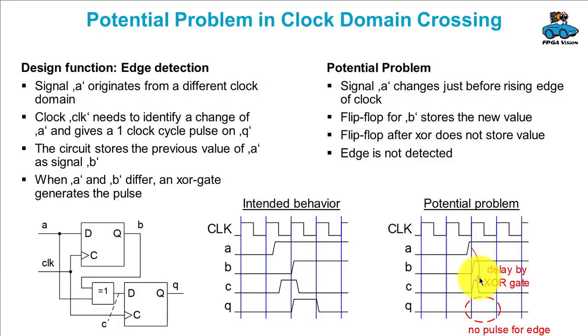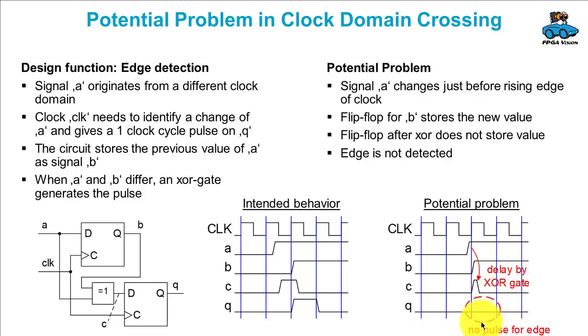However, the delay of the XOR prevents it from being stored in the flip-flop for the output Q, for the pulse. Okay, you might say, then it will be regarded in the next clock cycle. No, it is not, because it's already stored in B. So for the next clock cycle, A and B is identical again, so no edge, no pulse.